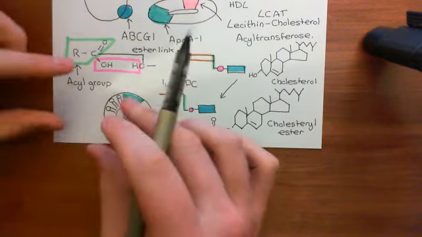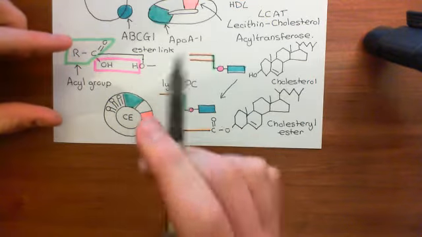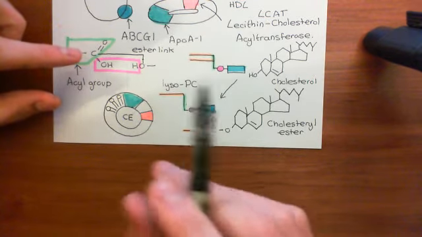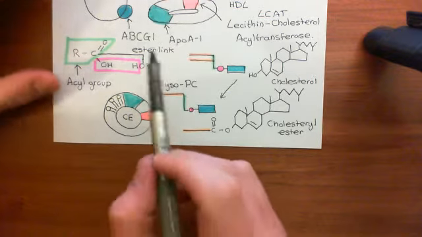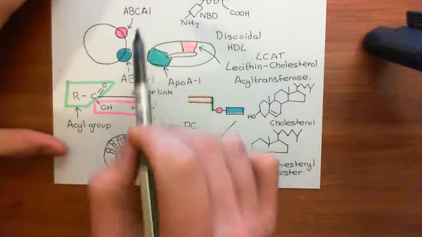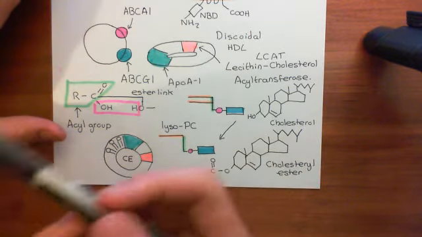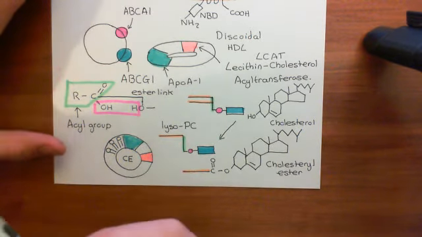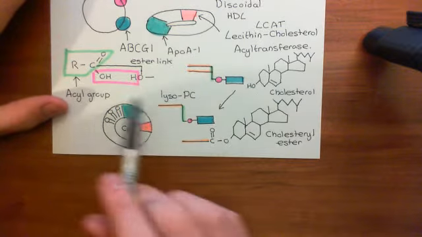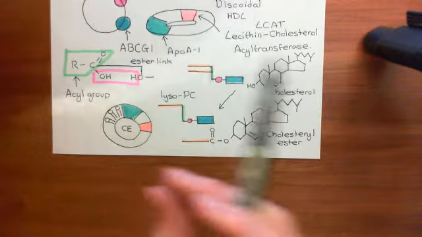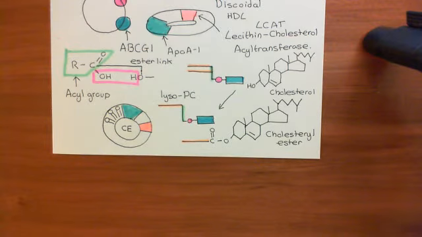And as the thing grows, which will happen gradually because it will go round more and more cells in the body, it will take cholesterol from them by binding to their ABCA1s and ABCG1s, which are being expressed because of the liver X receptor interacting with oxysterols, and the HDL will gradually grow, it will get bigger and bigger, it will balloon up, and then more apolipoproteins can join and form this bigger and bigger structure.